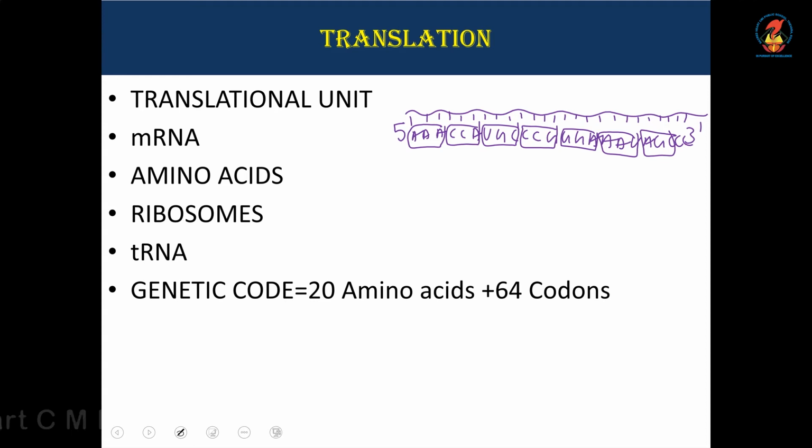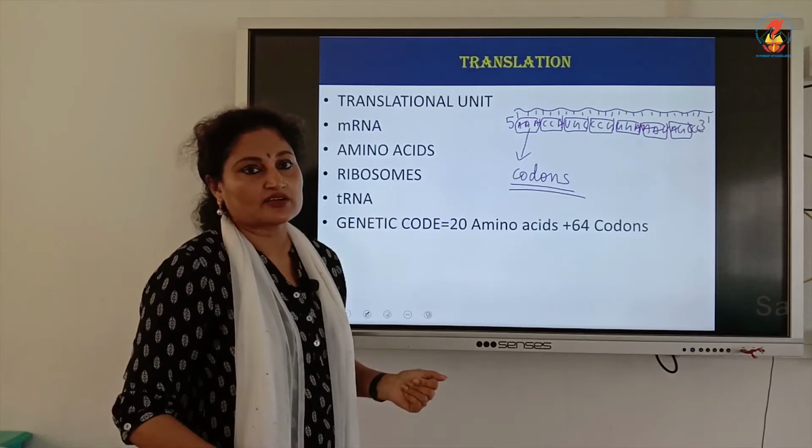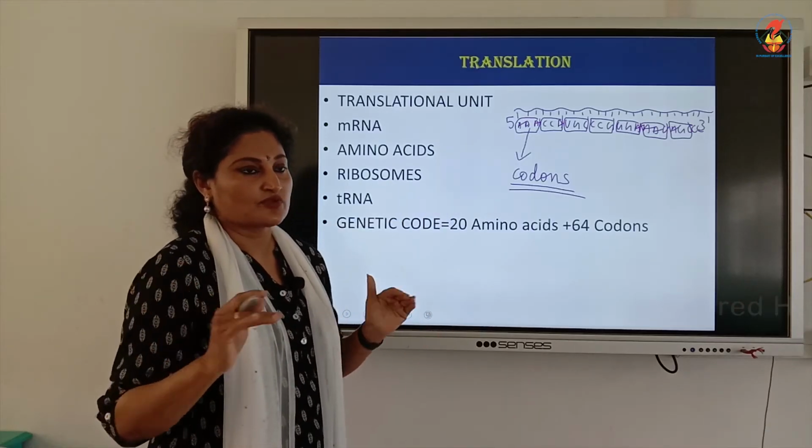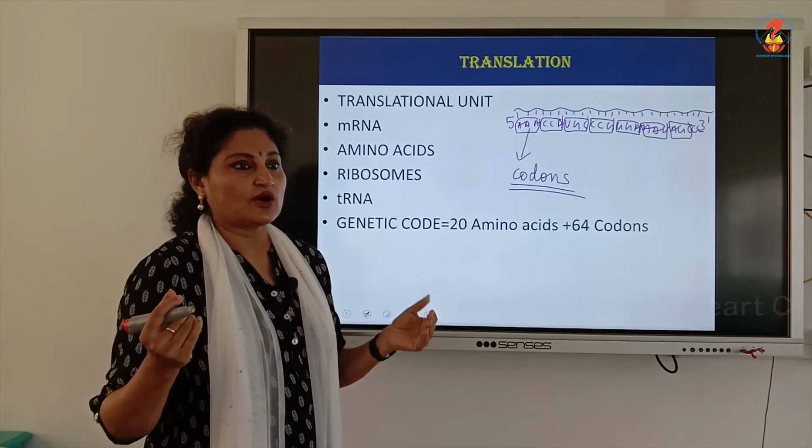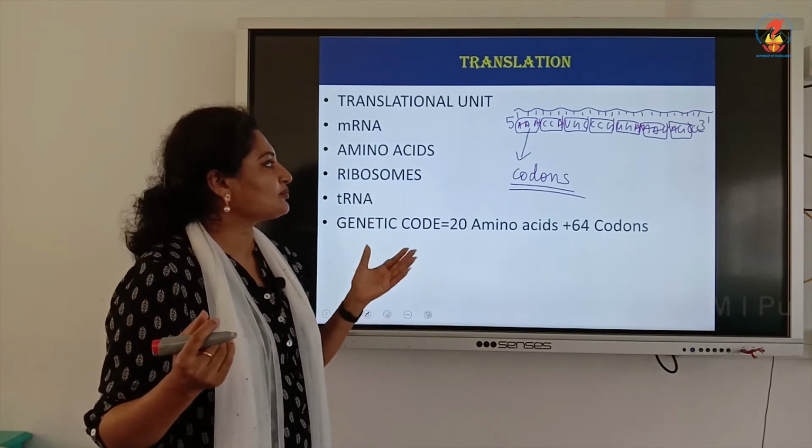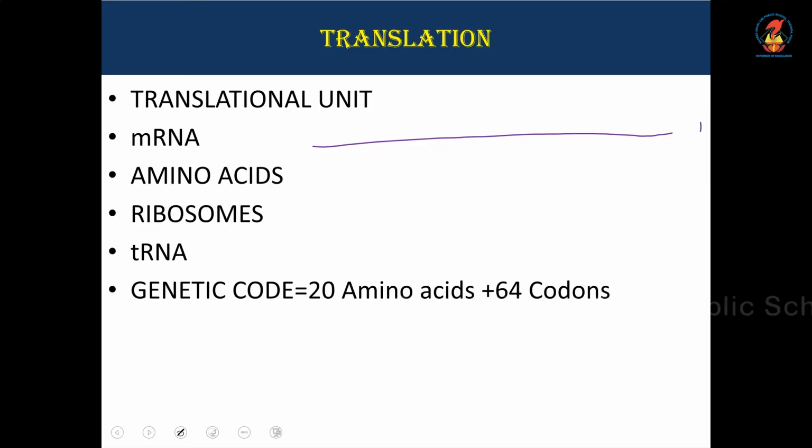So, these triplets on the mRNA are called codons. So, the first part of the mRNA we are learning is codons. What are codons? Three consecutive bases on the mRNA are called codons. We see bases are there in the mRNA and how it is read in triplets, and these triplets are called codons. Very important parts of the translational unit.